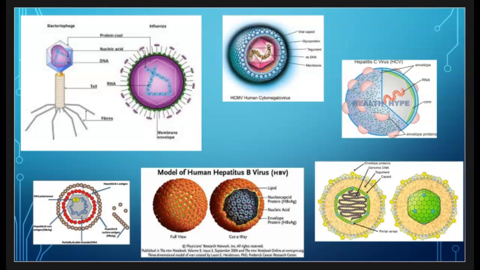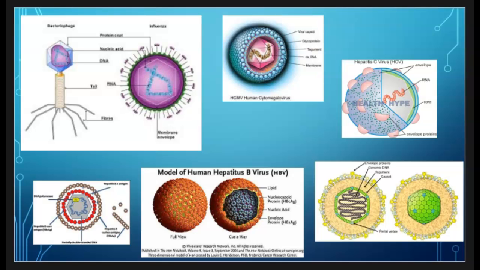So how does the body fight viral infections? The innate immunity, that is the NK or natural killer cells, and cytokines like interferons. And if that fails, we have the second, humoral and cell-mediated defenses, or antibodies. IgA neutralizes viruses in the respiratory and GI tract.